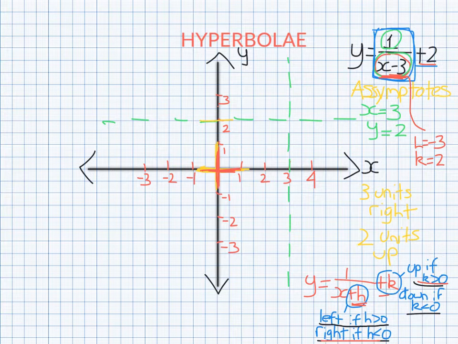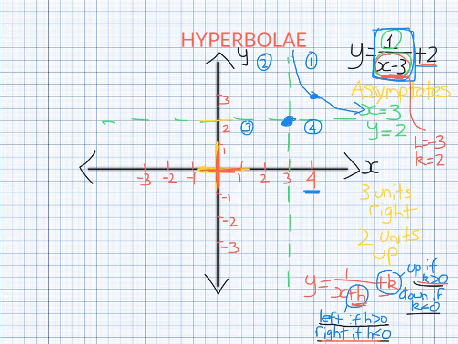So what that means is it's almost like this is our new origin, and this is our first quadrant. This is our second quadrant, third quadrant, and fourth quadrant. So we know that the hyperbola went in the first and third quadrant, so it's going to do that again. We might figure out a couple of points just to make sure we know exactly where it is. So if x equals 4, y equals 3, so it's going to go through here. And we know it's going to get closer and closer to the asymptotes.